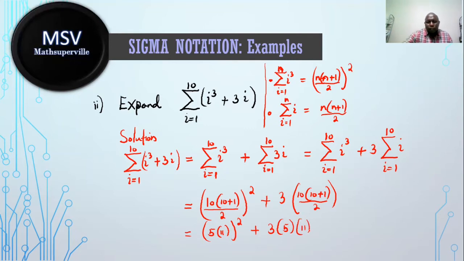And when you put this in your calculator, 55 squared is 3025, plus 15 times 11, which is 165. So 3025 plus 165 gives us our final result as 3190.